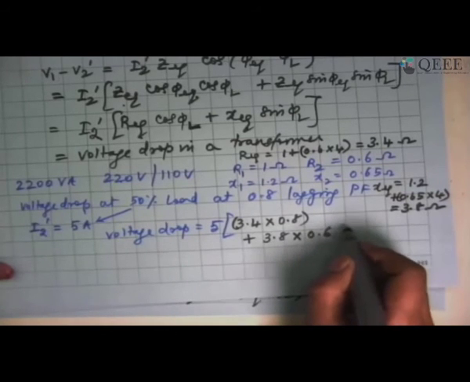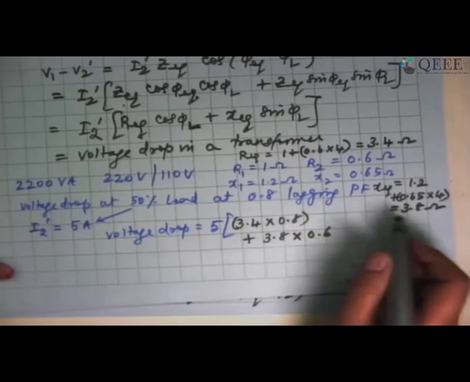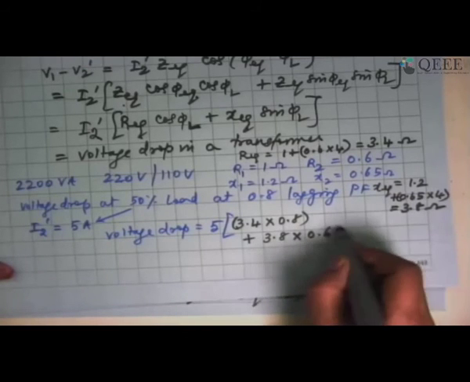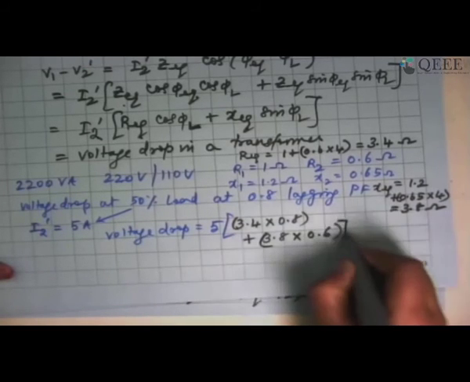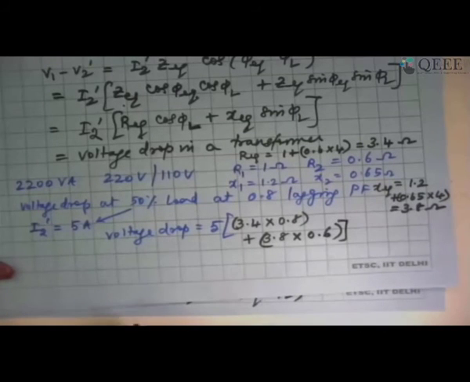I hope you remember that 0.8 squared plus 0.6 squared will be 1, sin square theta plus cos square theta. So this is the voltage drop at 0.8 power factor lagging.